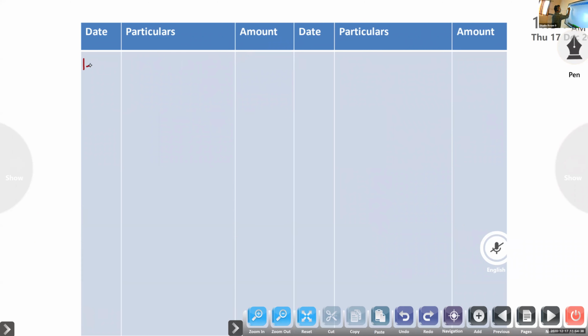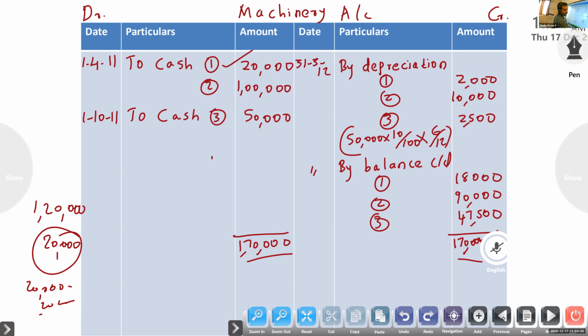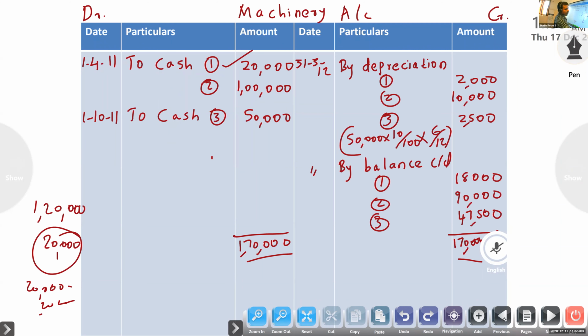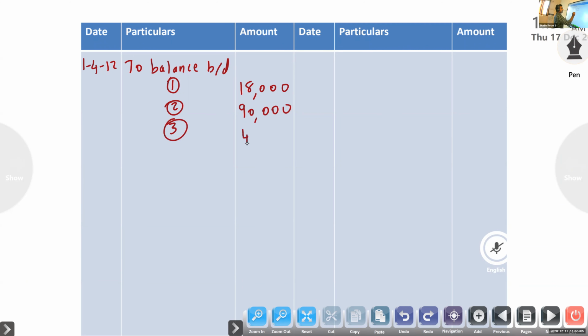So 1st April 2012, to balance BD: first one 18,000, second one 90,000, third one 47,500.